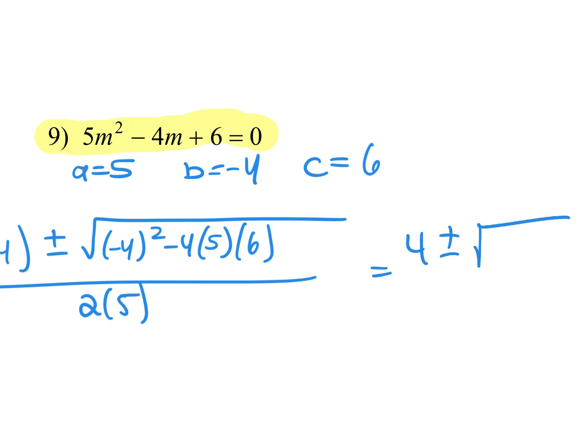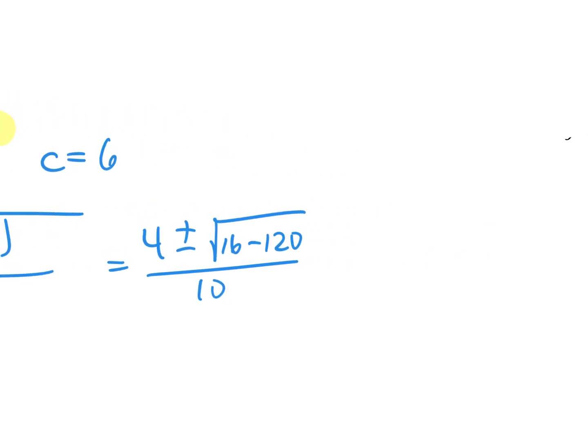What's -4 squared? 16 again. And then 4 times 5, 20 times 6. So -120. And then I have over 10. What's 16 minus 120? -104. Good. -104 over 10.